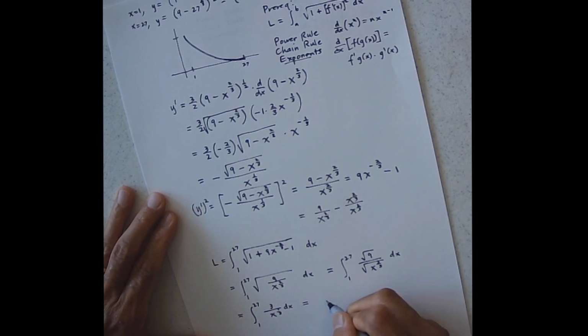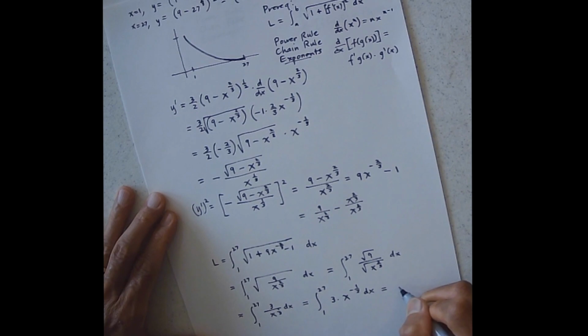And so our integral reduces to 3 times x to the negative 1/3 dx, which we can rewrite as 3 times the integral of x to the negative 1/3 dx.